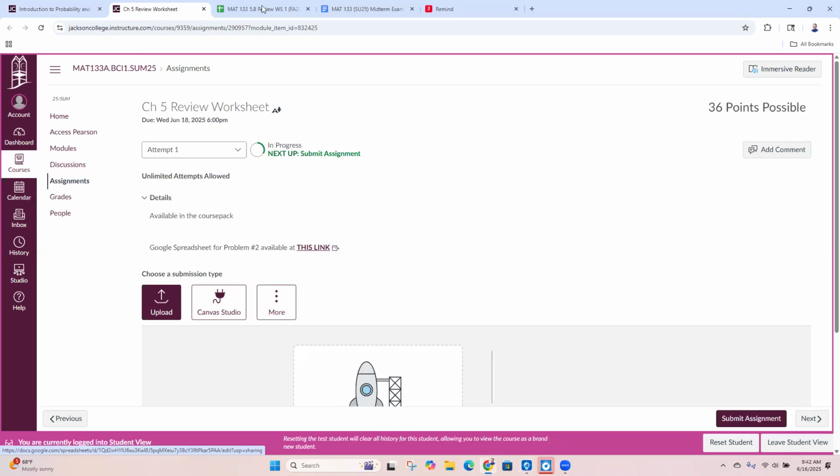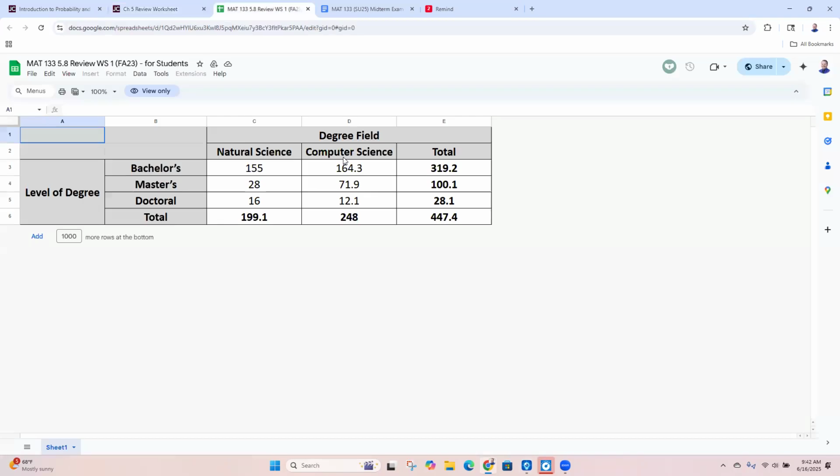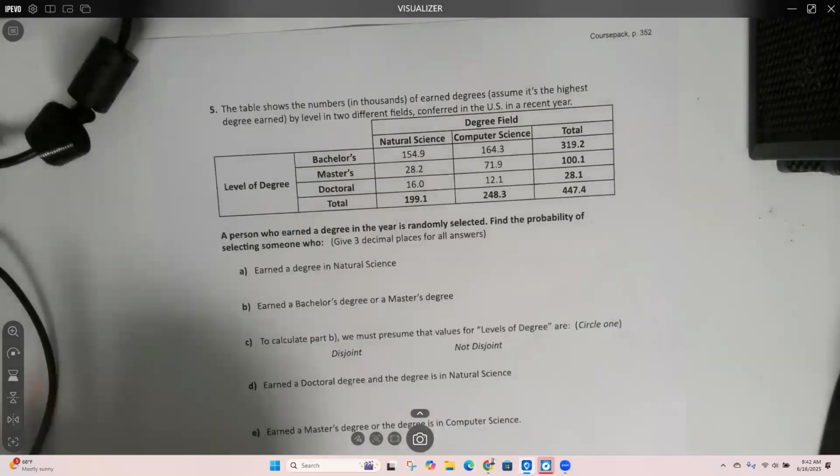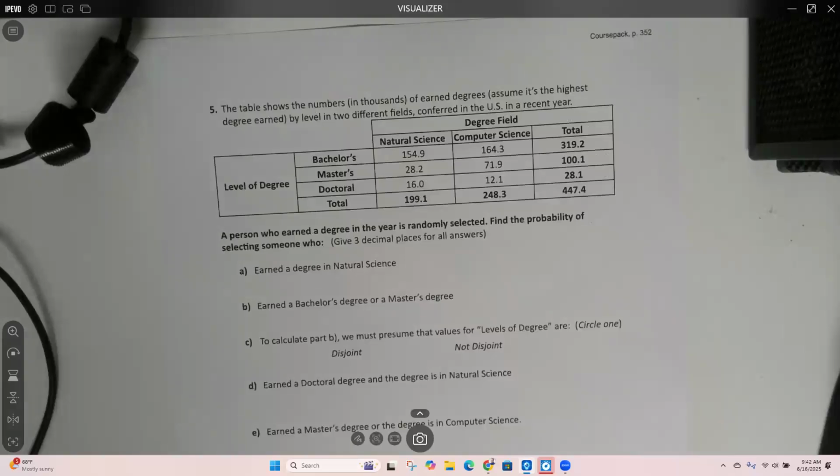And then if you click on this link, it'll bring you here. And so this is the same data in a Google Sheet that we'll have on the paper for chapter 5. So if you need to do anything in Google Sheets, like add them up or anything like that.